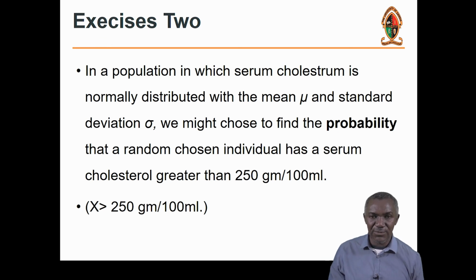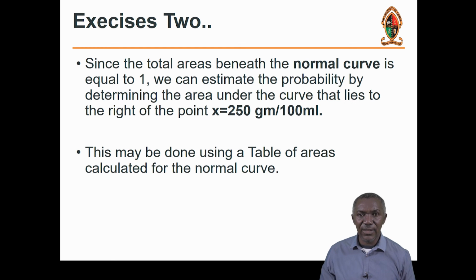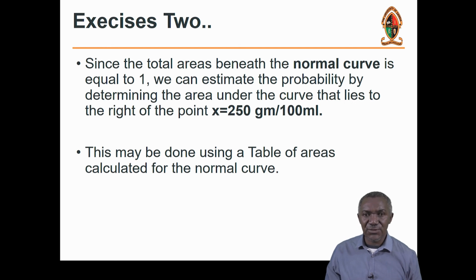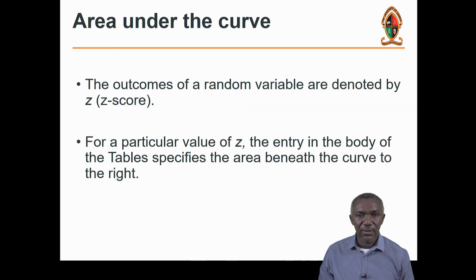So you have a normal distribution, and you want to see that a randomly chosen individual will have a colostrum level above 250 milligrams per 100 mils. So you can work it out using the normal curve as well.